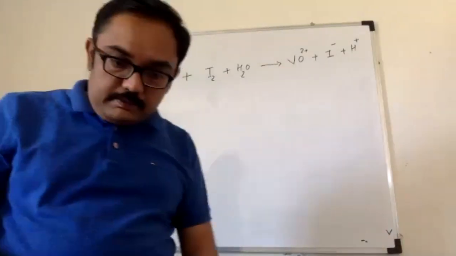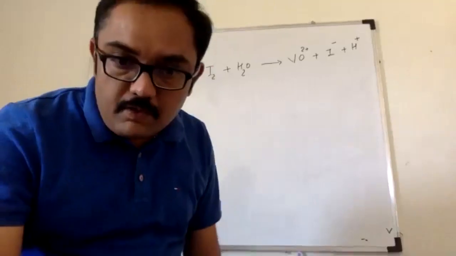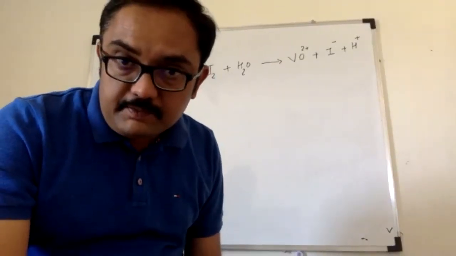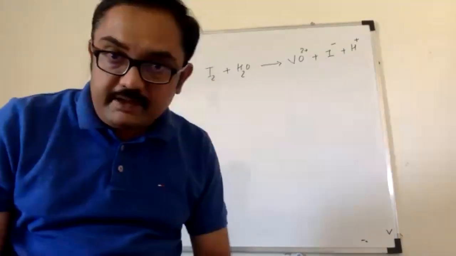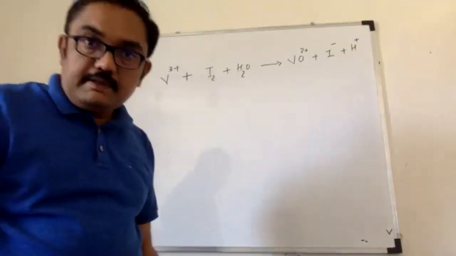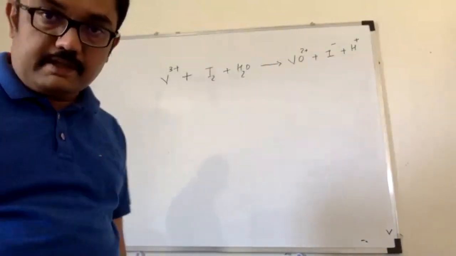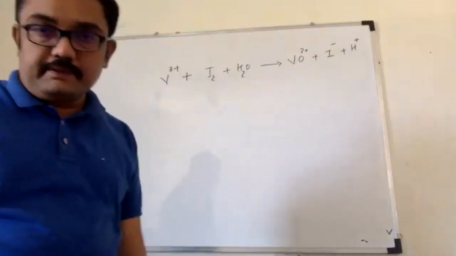So all of you follow the first step. See the atom that changes on both sides, and find the reduction half and the oxidation half. That is your step number 1.